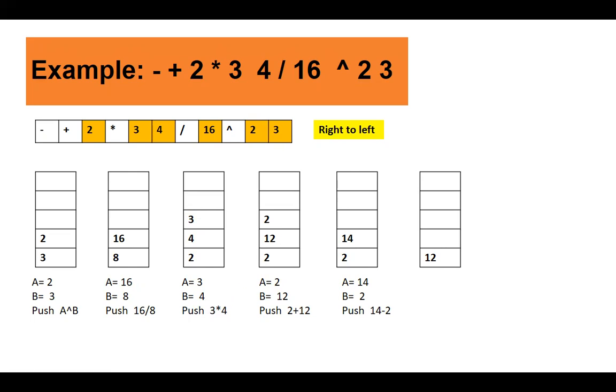Now next what you read again is an operand, so just push it onto the stack. Fine. Now what you read is an operator, that is plus. So pop out operand 1, pop out operand 2, that is 2 and 12 are popped out, plus operation is carried out, that is 14. So 14 is pushed onto the stack.